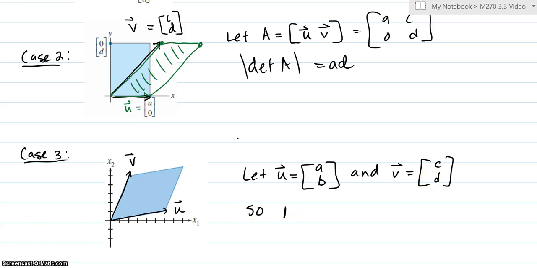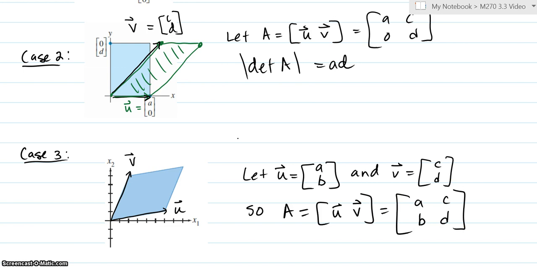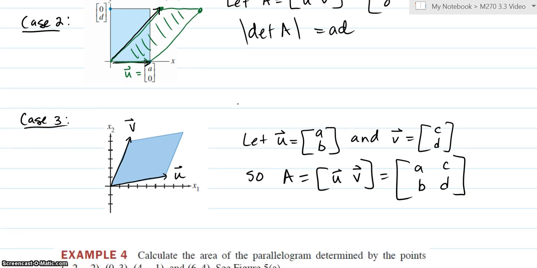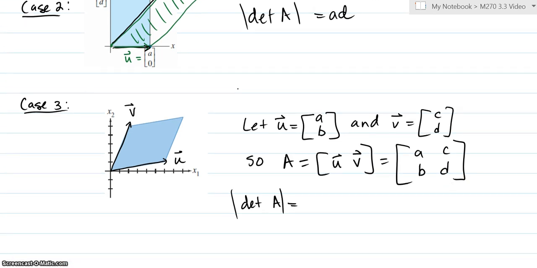So A, which is UV, is equal to our general little formula, and the determinant of A is equal to AD minus BC. So we want to show that the area of this parallelogram is AD minus BC.